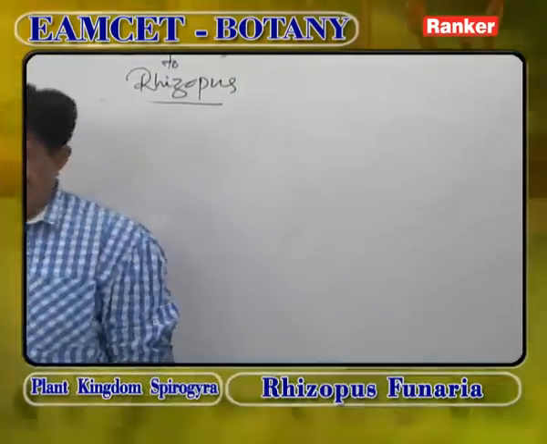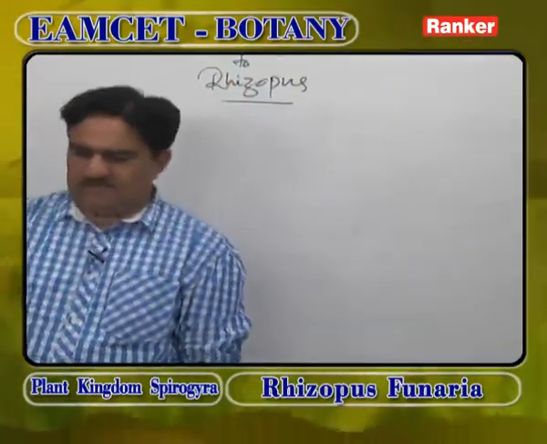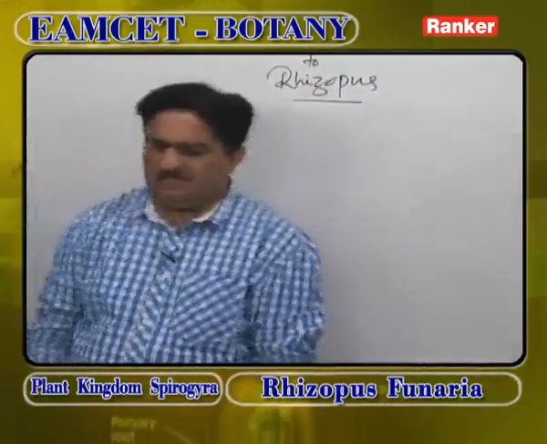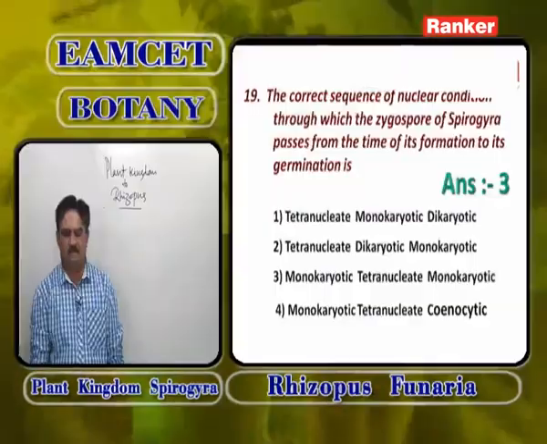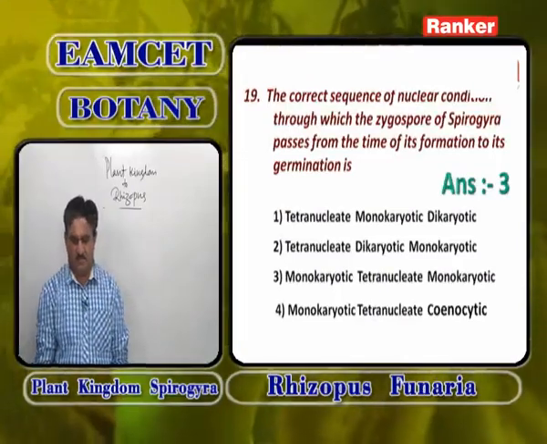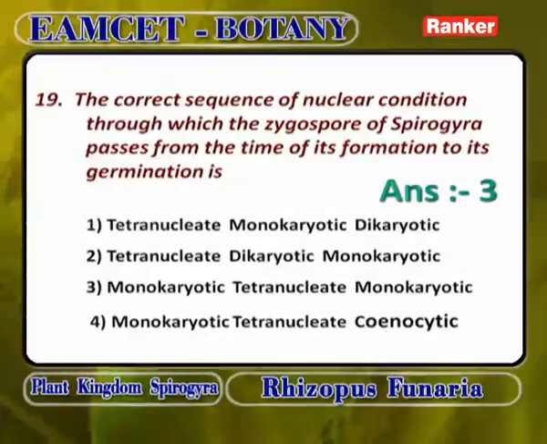So, monokaryotic, temporary tetranucleate and monokaryotic is the correct sequence. So, third is the option.